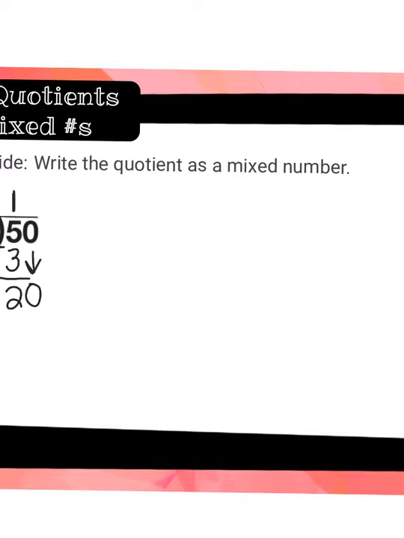How many whole times can 3 go into 20? 6. 3 times 6 is 18. So I subtract. I have nothing to bring down. The remainder becomes my numerator, and the divisor is my denominator. So 16 2/3 is my answer.